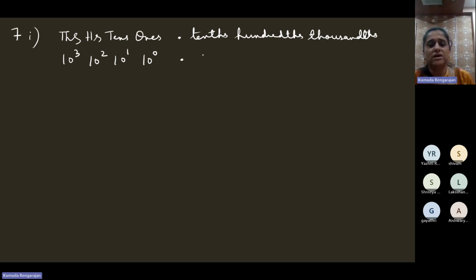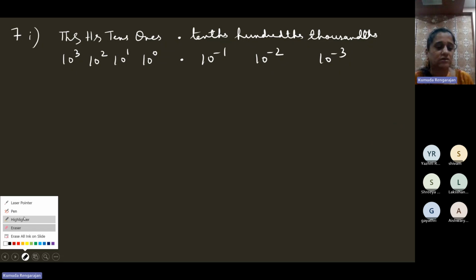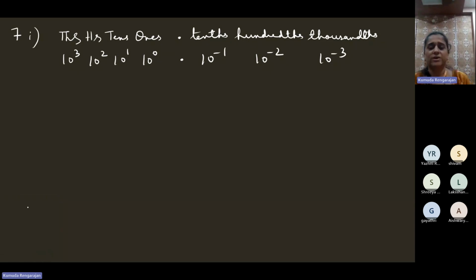Decimal point. 10 to the power minus 1, 1 by 10. 1 by 100, 10 to the power minus 2. 1 by 1000, 10 to the power minus 3. So this is the place value chart in the exponential form. Now just write the digits in the respective place values.